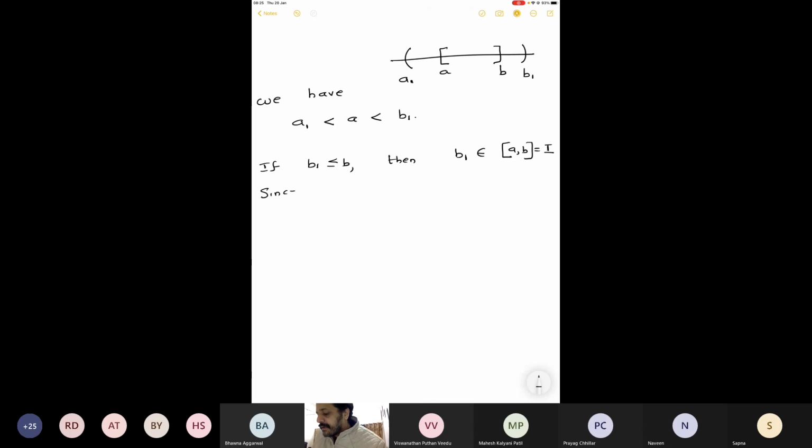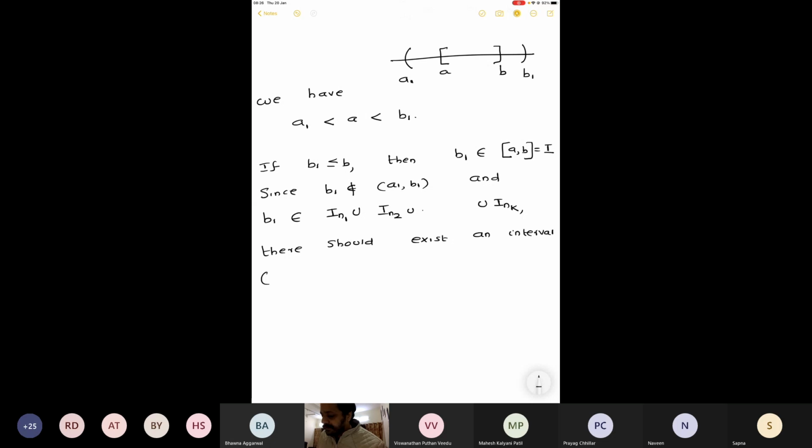Since b1 is not in the open interval (a1, b1), and b1 is in I_n1 union I_n2 union and so on, union I_nk, there should exist an interval, let us call it (a2, b2), such that b1 is in (a2, b2).